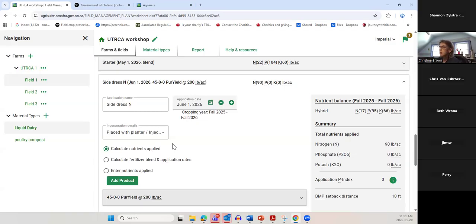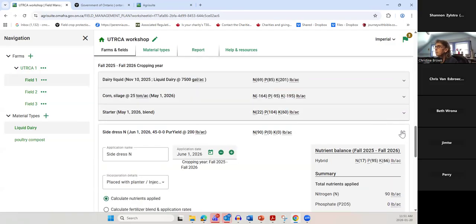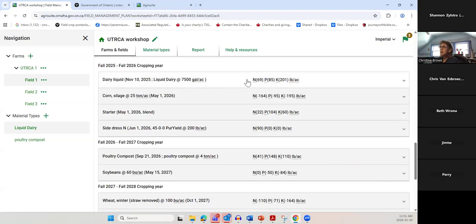Can we expect, in this case, to get that 70 pounds from the nitrogen, or do we need to add some with side dress? And with the side dress, we can be a little bit more accurate with what our needs are going to be.